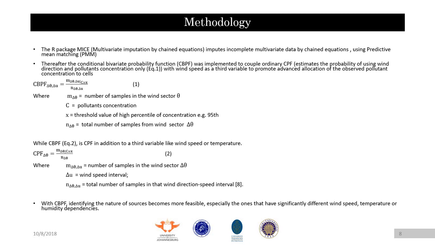Here with the CBPF identified, the nature of sources becomes more visible, especially the ones that have significantly different wind speed or temperature or humidity dependencies. So we will try to use the wind speed or the temperature or any external factors to focus and limit the direction of those pollutants, connecting them to the main sources.